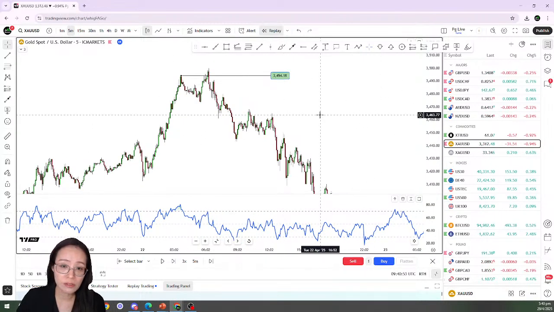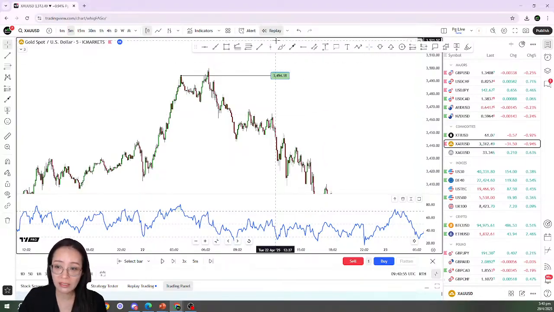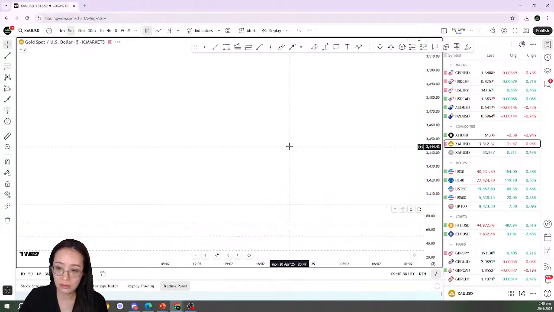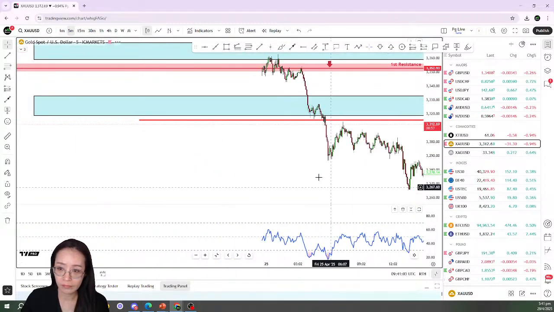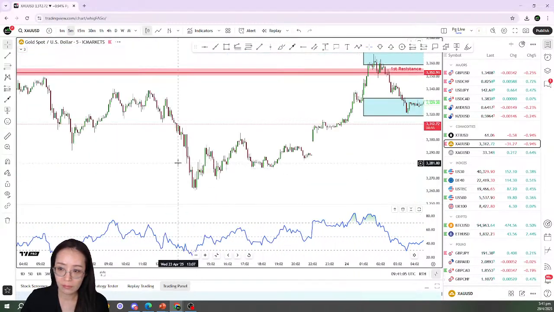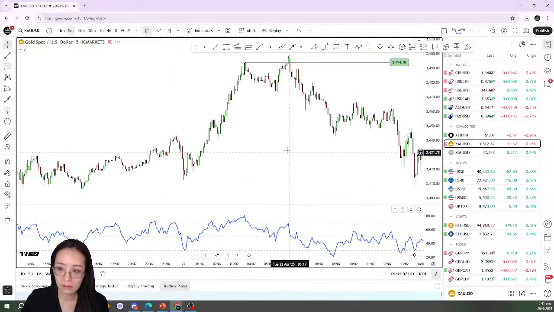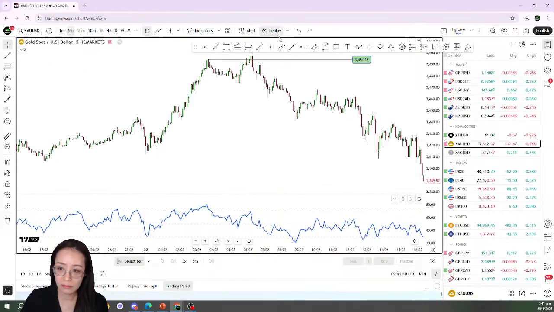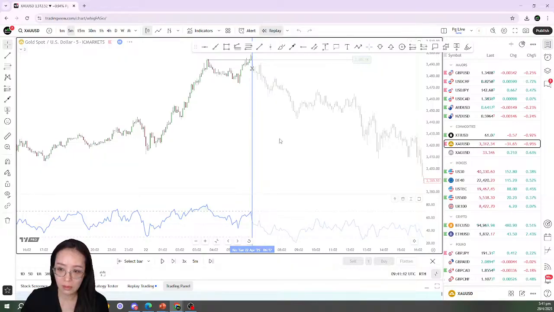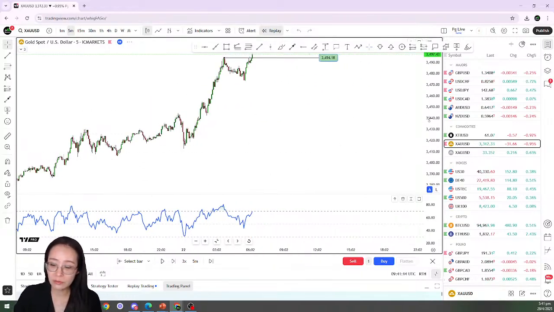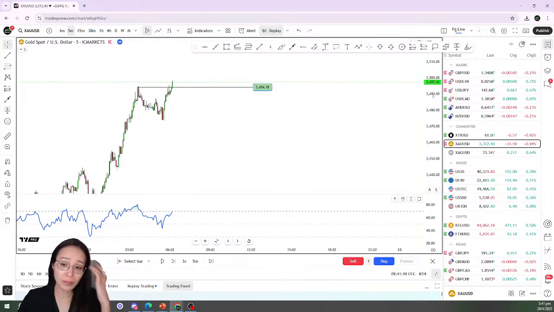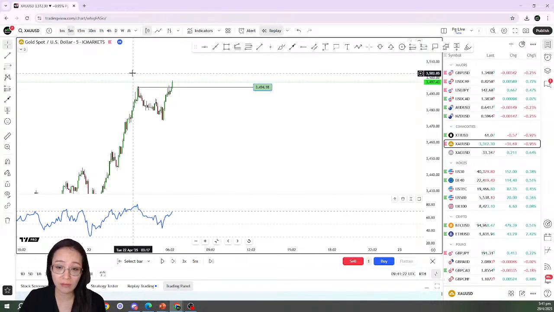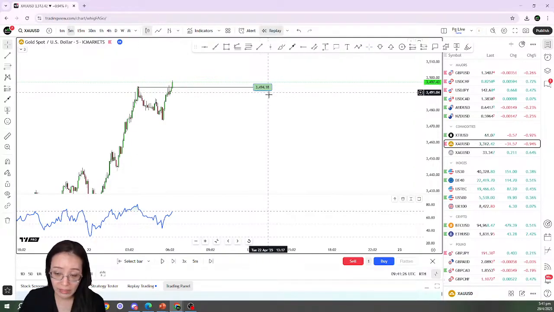You need to monitor your RSI, right? For example, you see here that it seems like price is going to break above your resistance, which is this all-time high at 34.94.